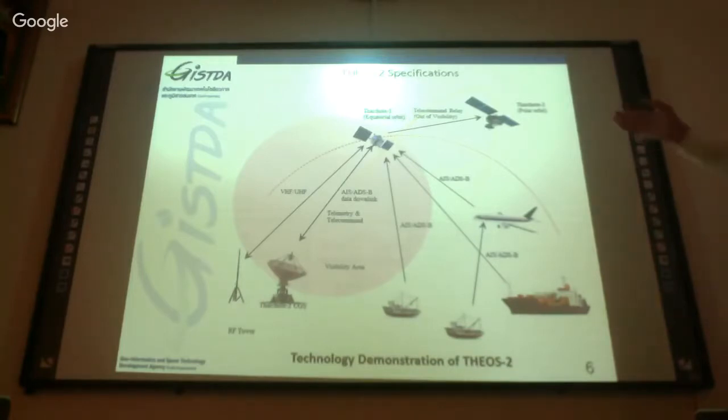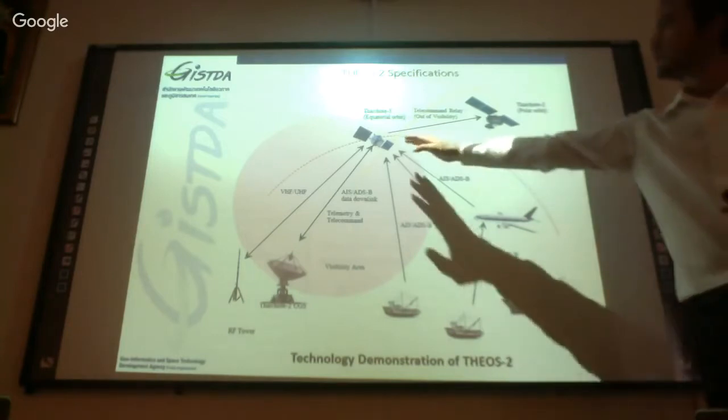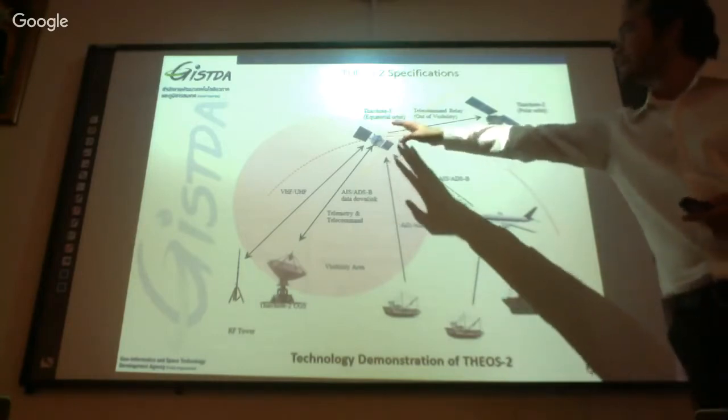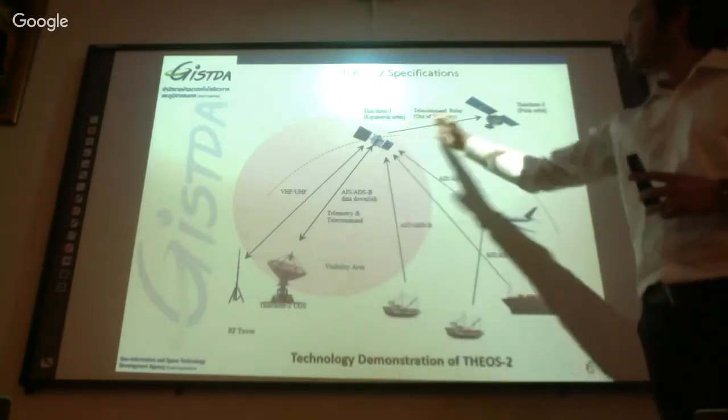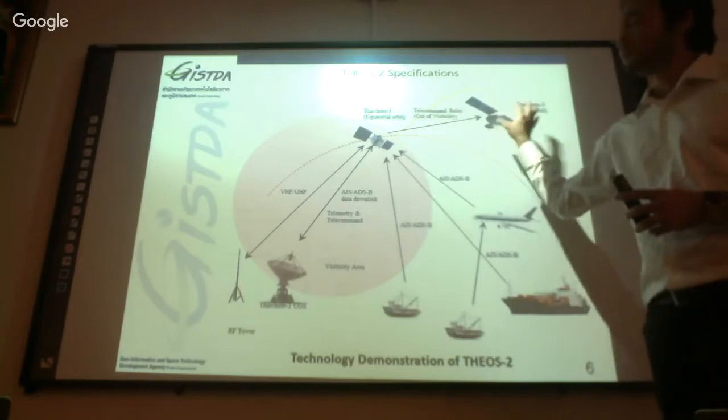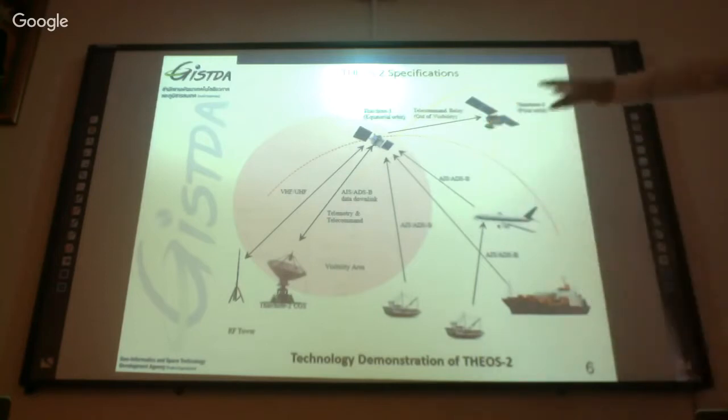If the 0.5 meter resolution satellite is flying in the polar orbit, and the small satellite is flying in the equatorial orbit, we will use a technique to relay the telecommand from one satellite to the other, sending the command to the one that is out of visibility of the antenna.